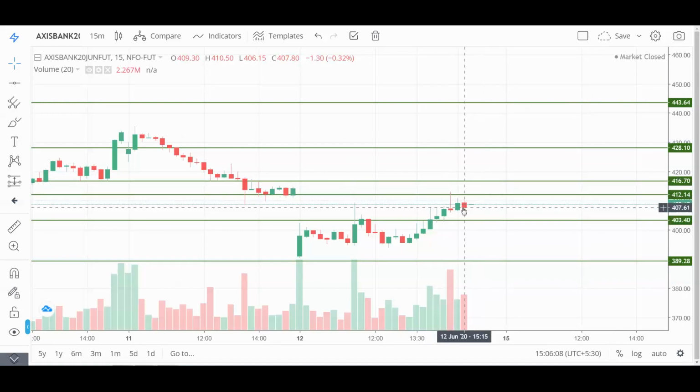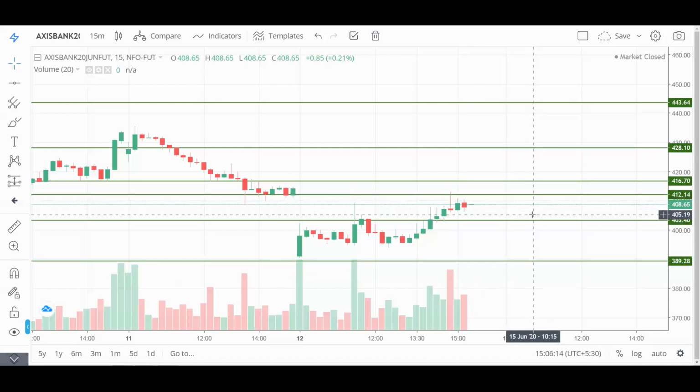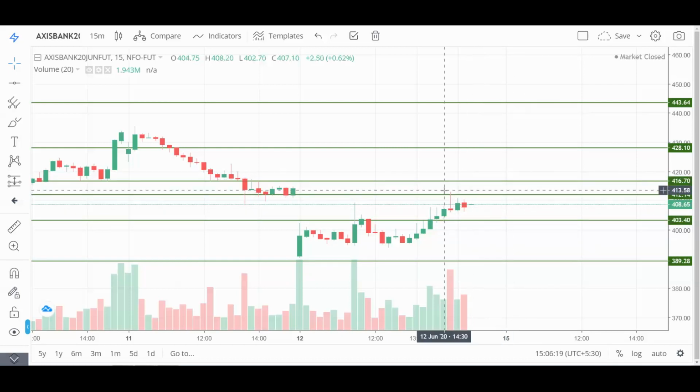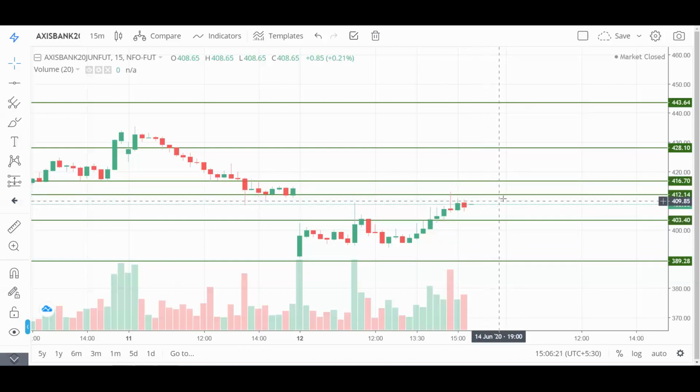So now the very close support and resistance of the last close price: the support is 403 and resistance is around 413. 403 is the support.